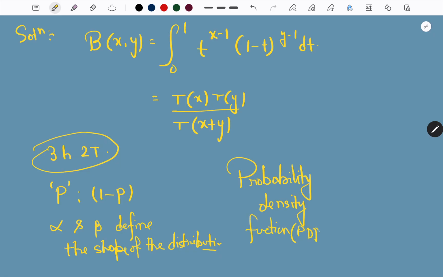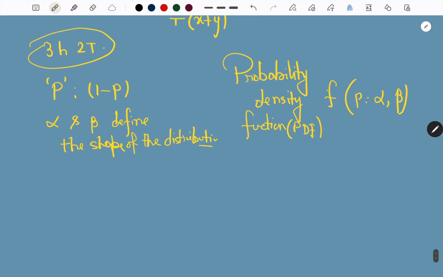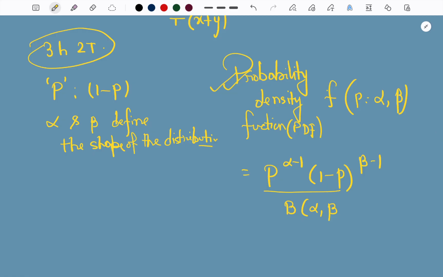Now this will be equal to f of p, alpha comma beta, which is also equal to p to the power alpha minus 1, (1 minus p) to the power beta minus 1, divided by B of alpha beta. This is known as the probability density function. Now p is the probability of heads, alpha and beta are parameters that define the shape of the distribution.